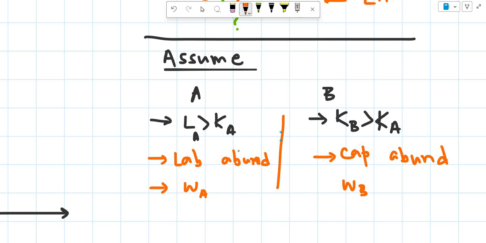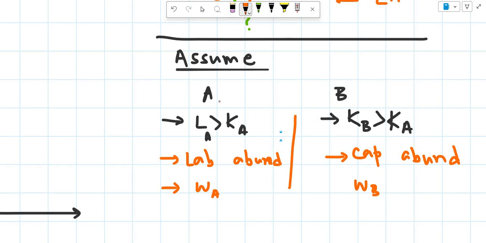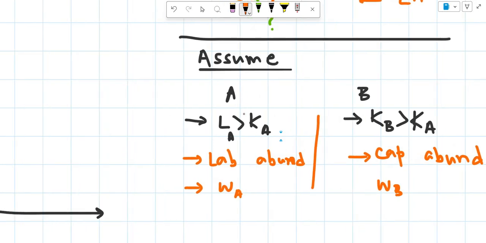Very standard assumption. So we can assume that if A is labor abundant and B is capital abundant, then the wage rate in A is pretty low. Because labor is more, the wage rate is low.